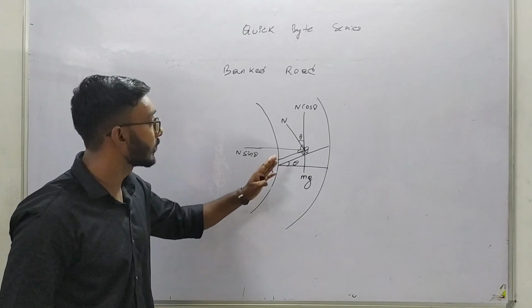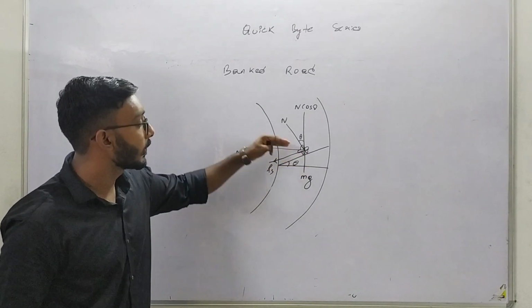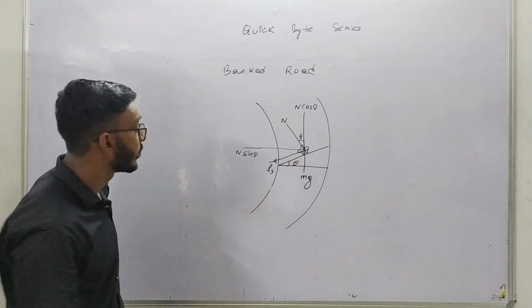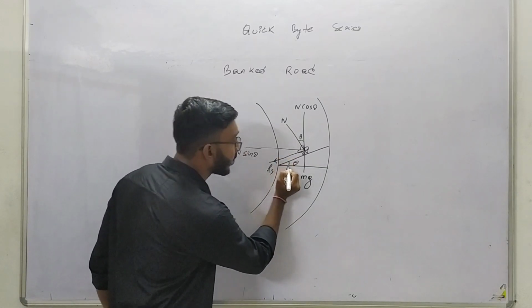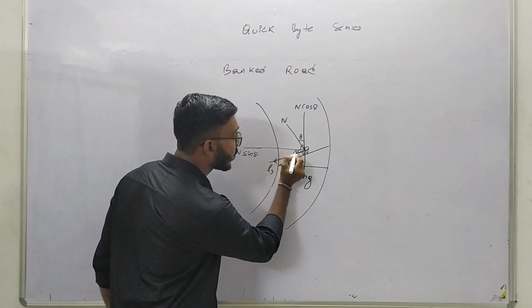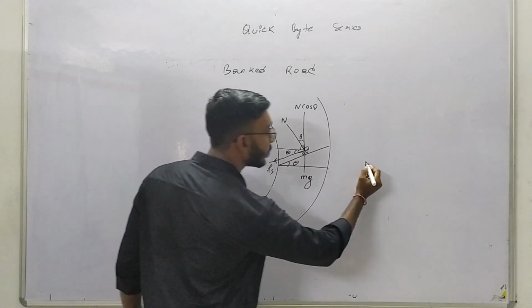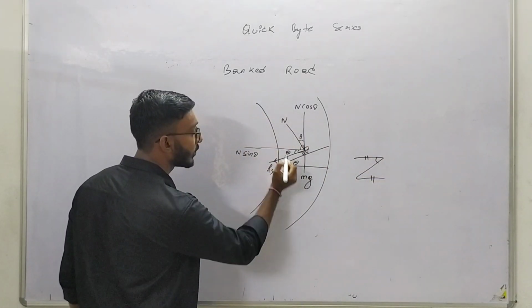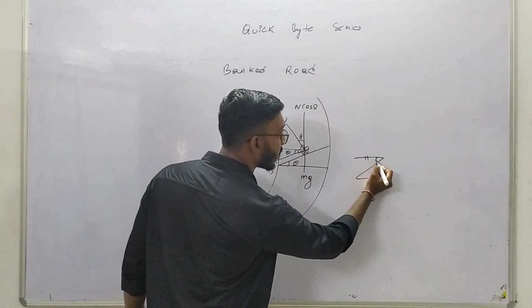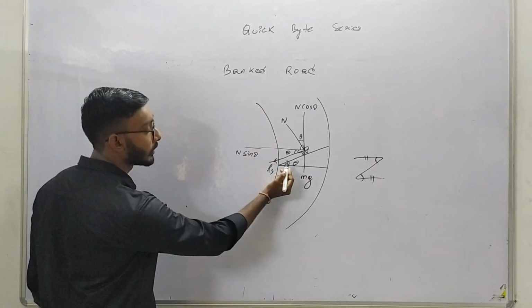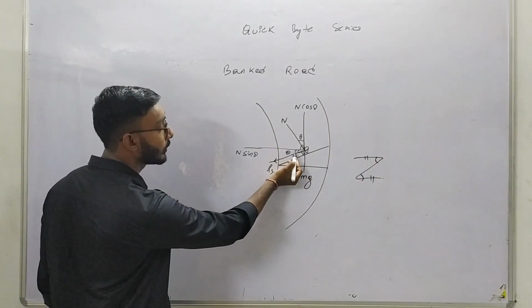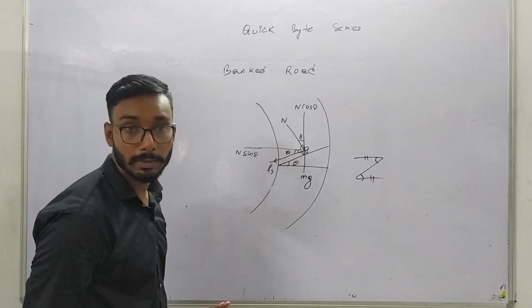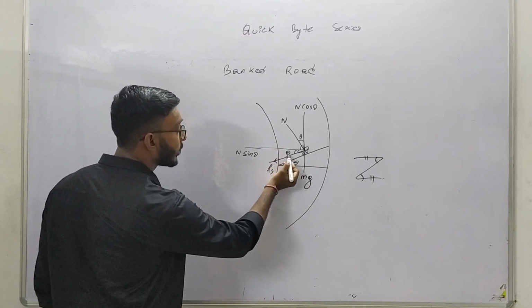Same way we will do for this static friction. For static friction, one will be the vertical component, one will be the horizontal component. Since this is theta here, obviously this angle will also be theta, because it is an alternate angle. If this line and this line are parallel, then this angle and this angle will be equal, so this will also become theta.